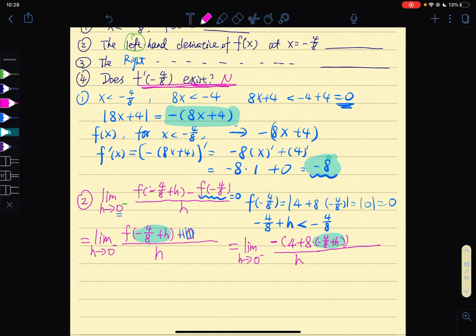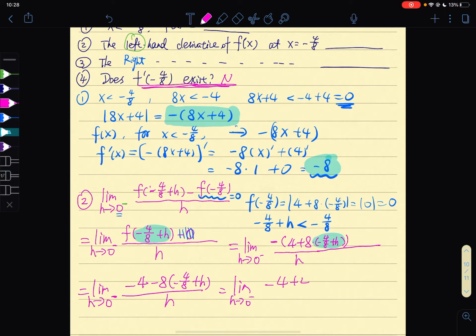So what I end up with is the limit as h approaches 0 minus of negative 4 and then minus 8 times negative 4 over 8 plus h, divided by h, which is the limit as h approaches 0 minus of negative 4, plus 4, minus 8h, divided by h. The first two terms cancel out, the h cancels out, so what I end up with is negative 8.